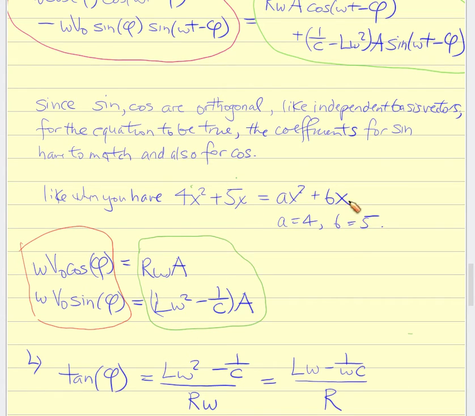Now that's because x and x squared here are forming independent basis for this polynomial space. Because x and x squared are of different orders, they're different types that we talked about before.